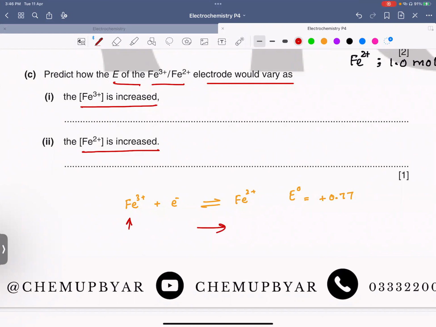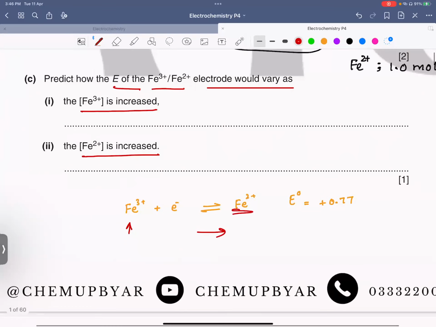Equilibrium shifts towards the right. And when the equilibrium is reestablished, we have a greater Fe2+. So this value would also increase. So we would just write that E of Fe3+, Fe2+ increased.